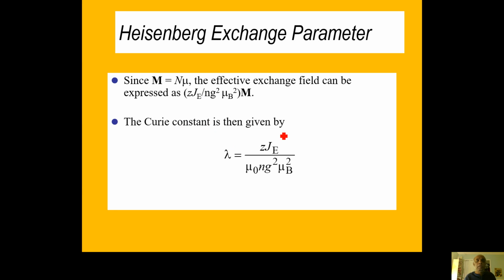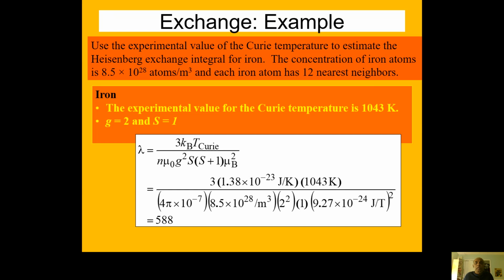Then the Curie constant lambda is given by this J divided by M. If you divide by M, you get JE divided by mu 0 N g squared mu B squared, because you remember how to calculate the susceptibility from the external magnetic field.